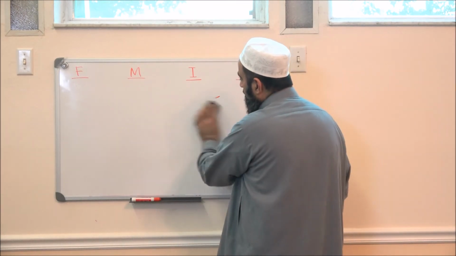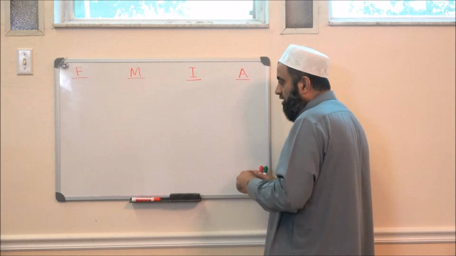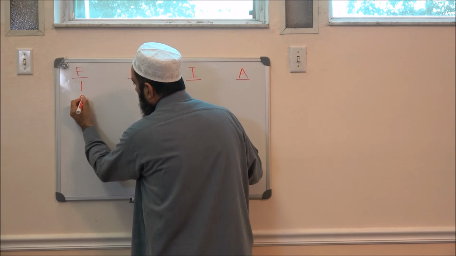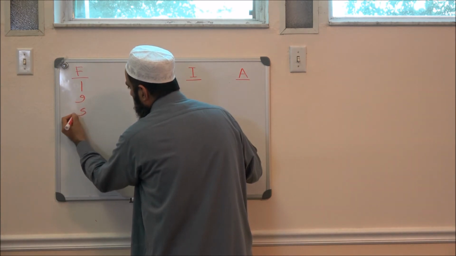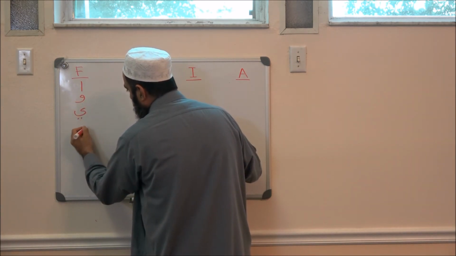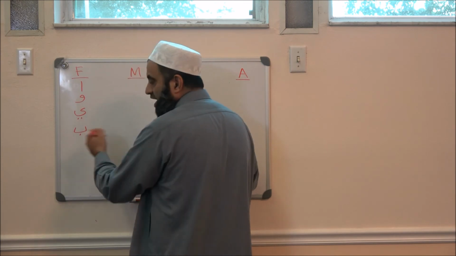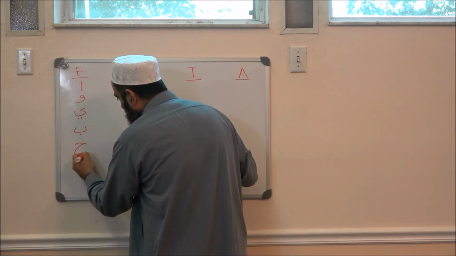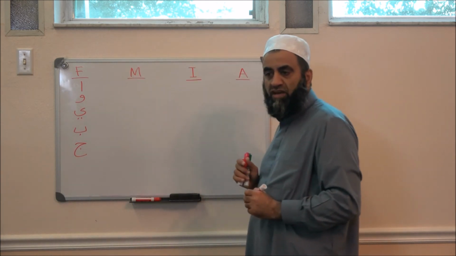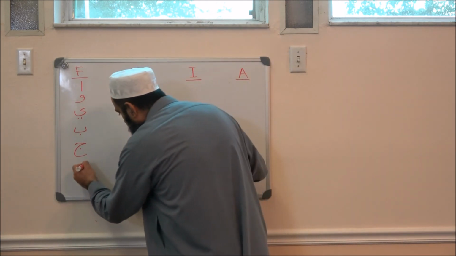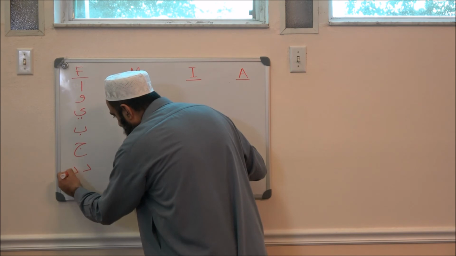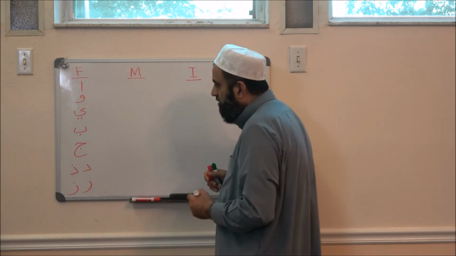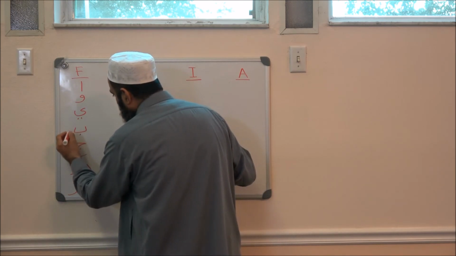Anybody can think of another word using our bank? Let's list the bank. We covered A, U, E. We covered Ba, Ta, Tha and its family. We covered Jim, Ha, Kha and its family. We covered Da, Tha, Ra and Za. Of course, these are three letters here, right?